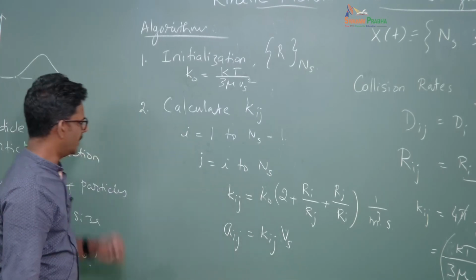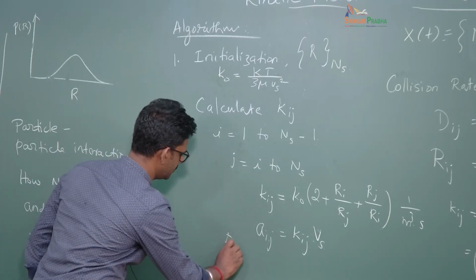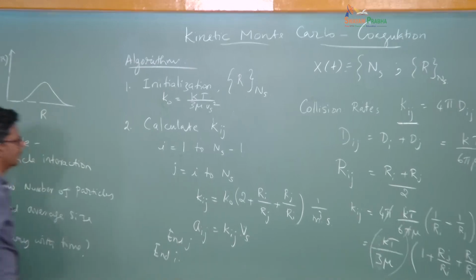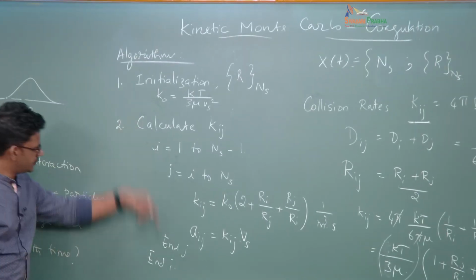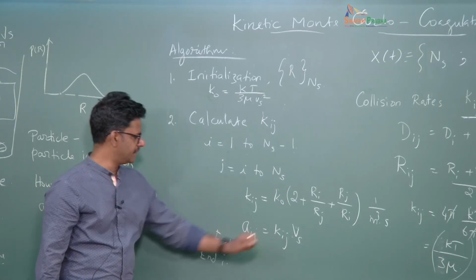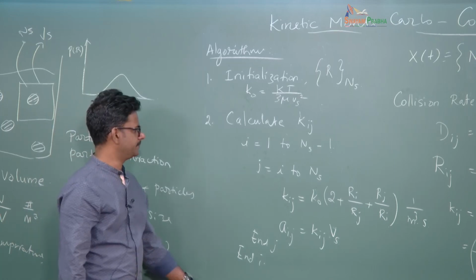Now you can end the loop, end j and end i. When you do this over, you will have the rate constants for each pair, and then we will go to the third step.